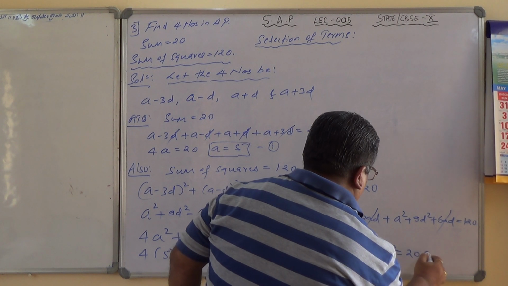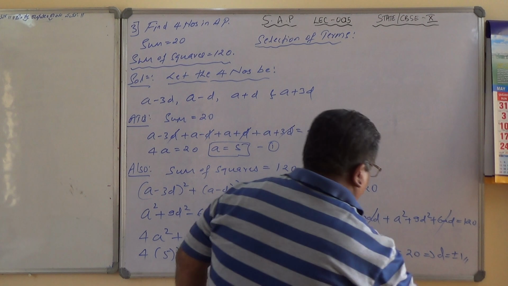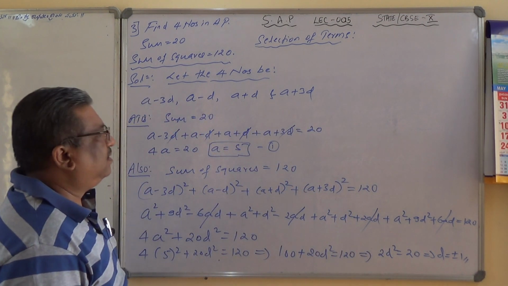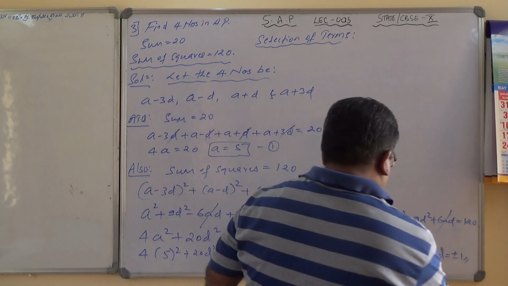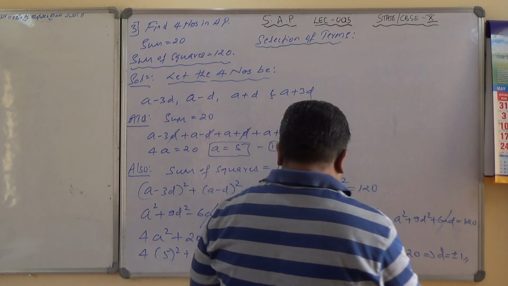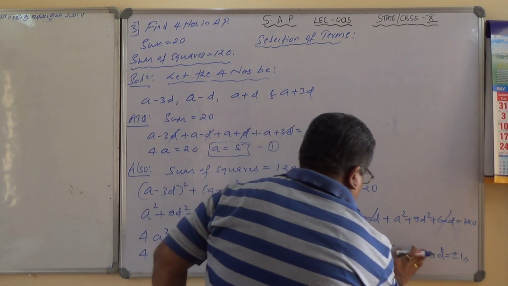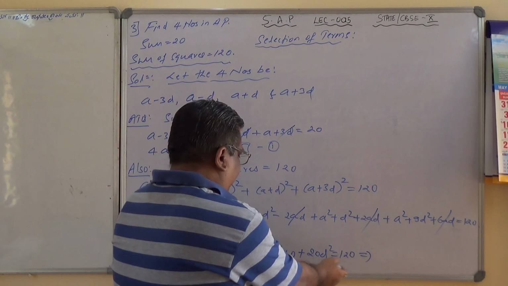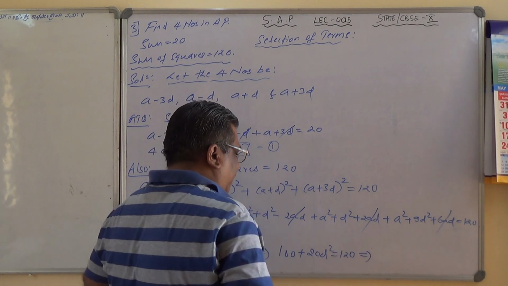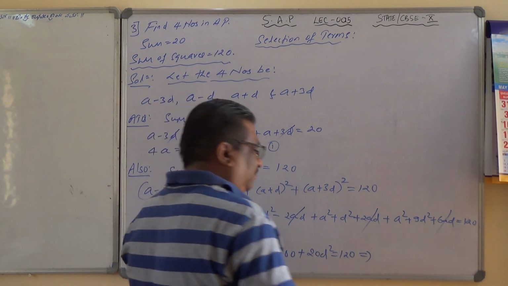Just a moment. 20d square is 120 minus 100, which is 20. So d square is equal to 1, and d is equal to plus or minus 1.